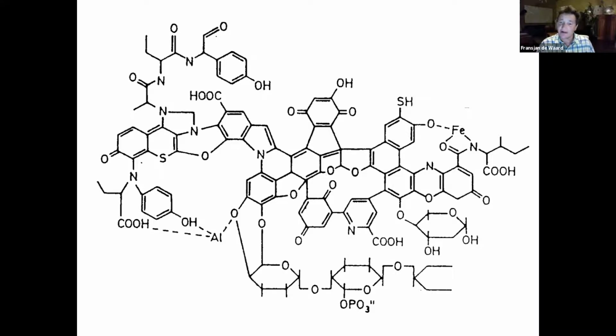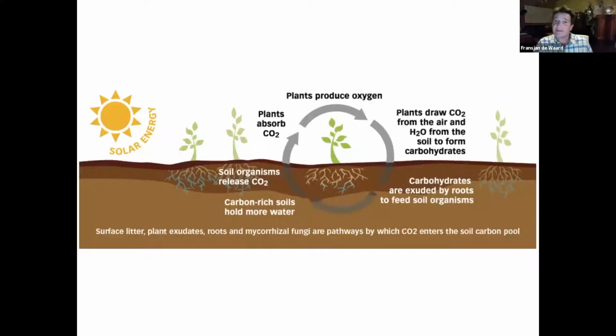There are some other molecules like the oxygen and the hydrogen that we see, and a few more, but most of it is carbon. And this is the carbon that is part of the living soil, and that actually is the best way to express the life of the soil.